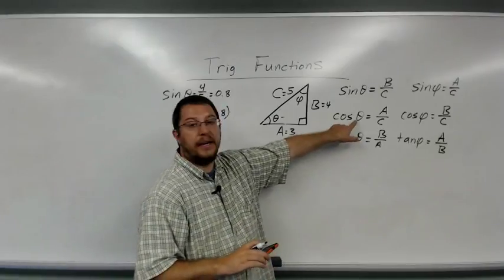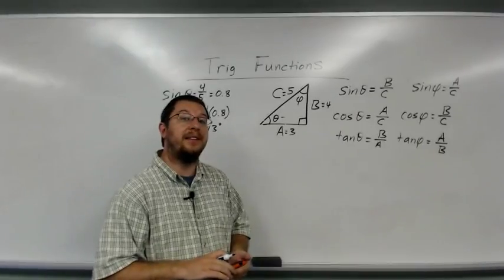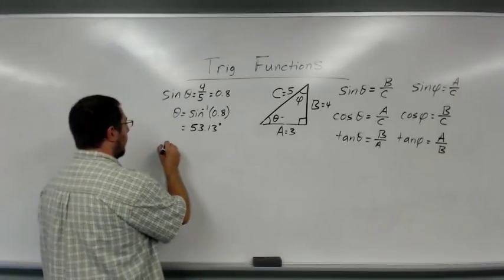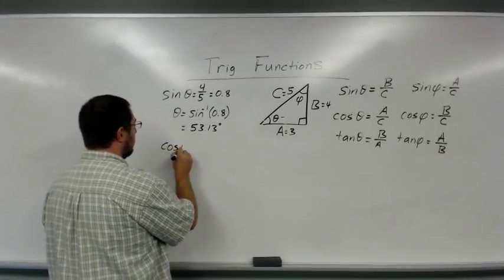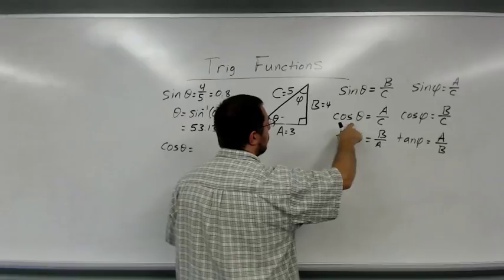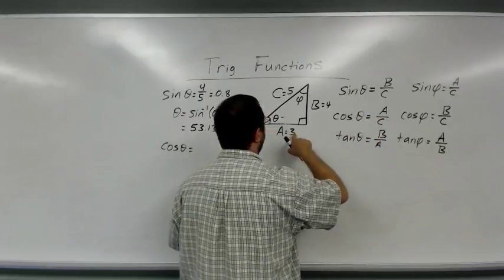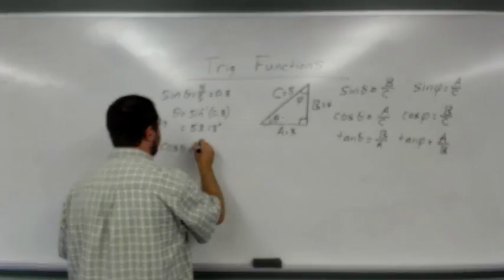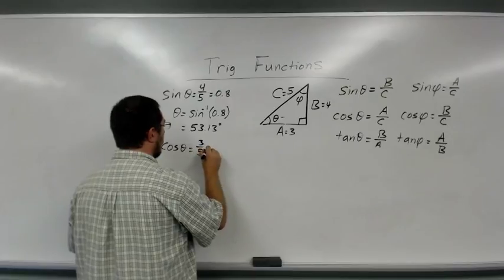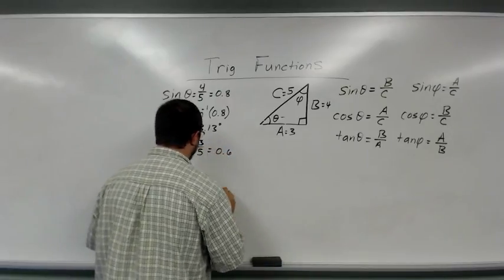Now, theoretically, my cosine should give me the same value. The cosine of theta is going to be equal to a over c, which is 3 over 5, or 0.6.